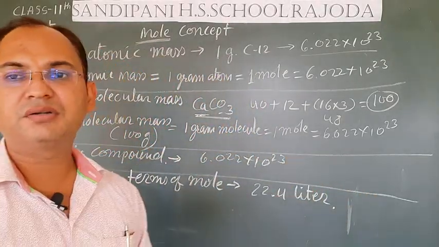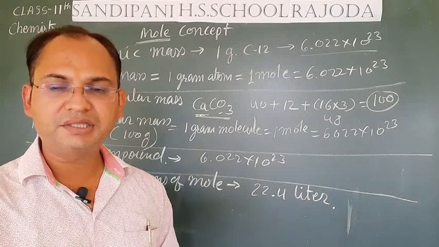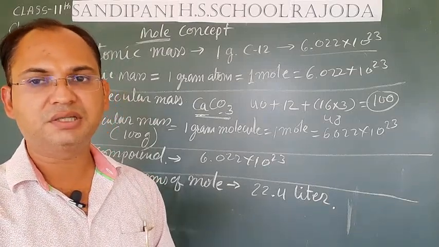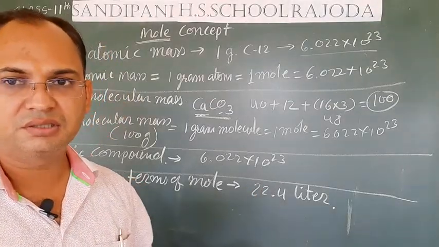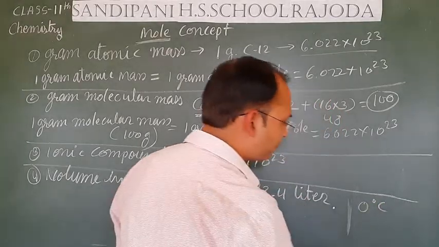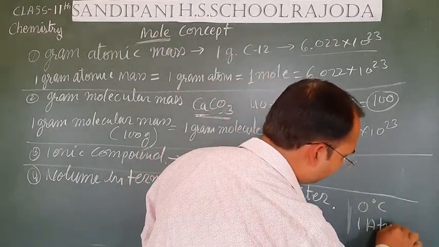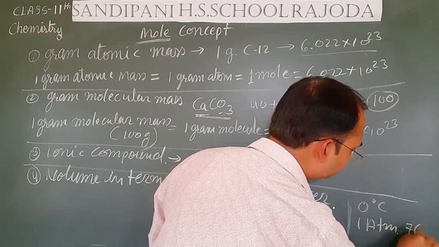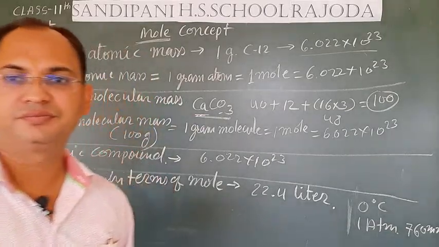If we take the example of a gas, then at STP, you know the value of standard temperature and pressure: temperature is equal to 0 degree and pressure is equal to 1 atmospheric pressure, or we can say 760 mm Hg.